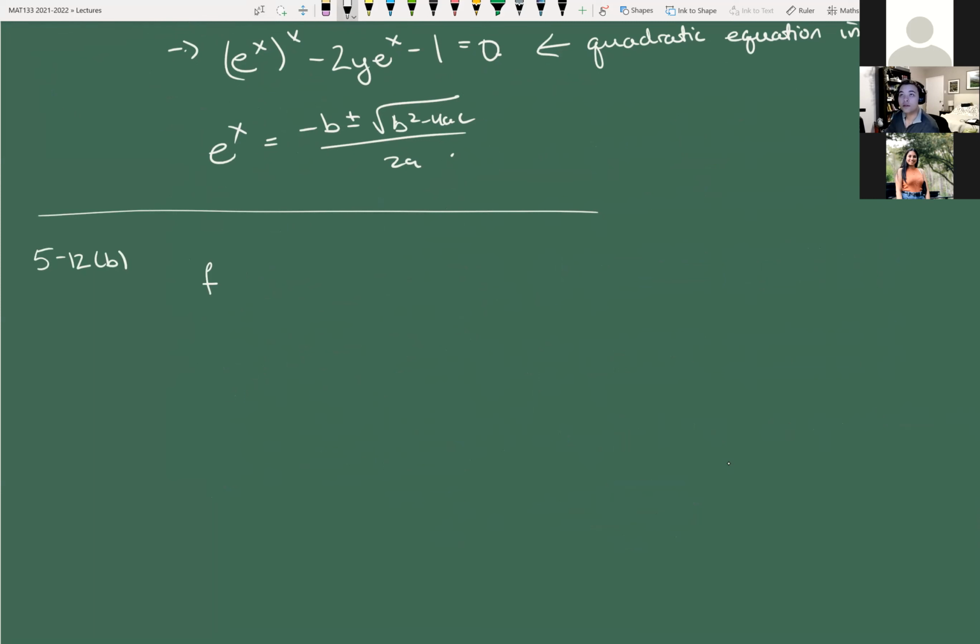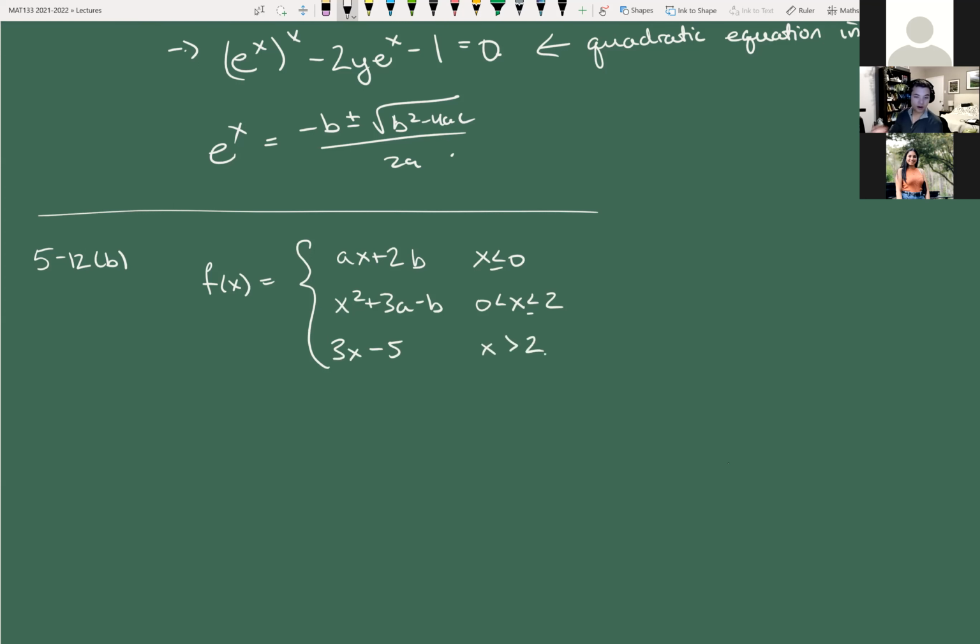You've got f of x equal to ax plus 2b when x is less than 0, x squared plus 3a minus b when x is between 0 and 2, this is less than or equal, it doesn't make a difference, and then 3x minus 5 when x is greater than 2. And you want to find a and b such that f is continuous.